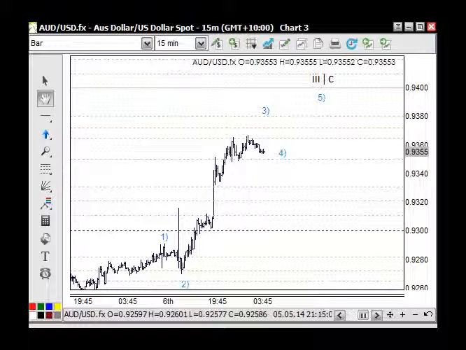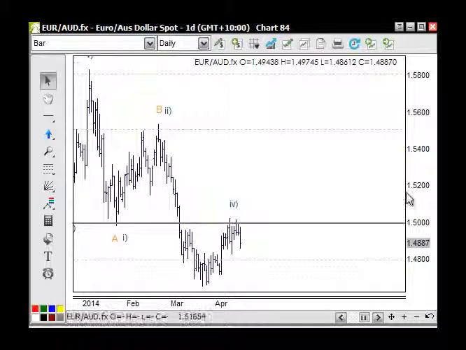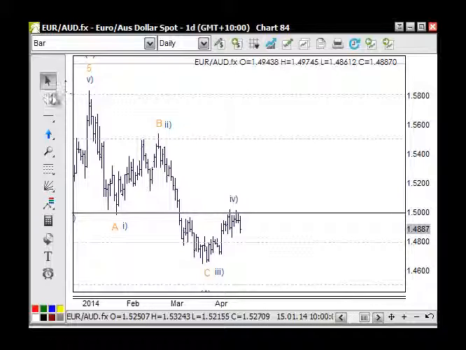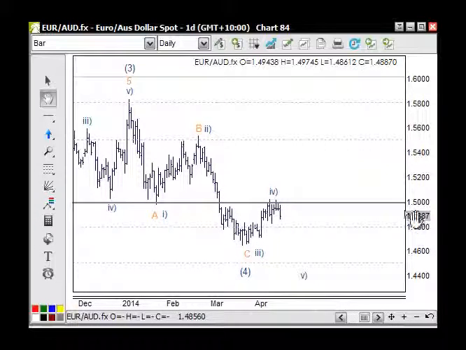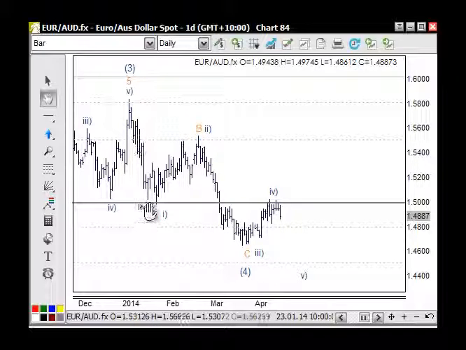The Euro Australian is a little bit weak here, so I just want to go over the bigger picture, just on the daily here. First of all, we were looking for an A and a B and a C for wave 4. It was a little bit small for an intermediate wave 4 as such in all of this.